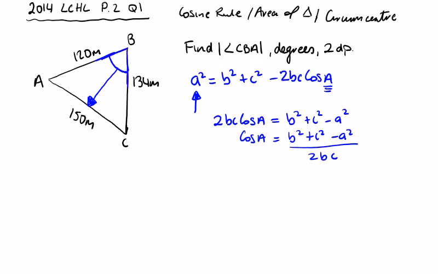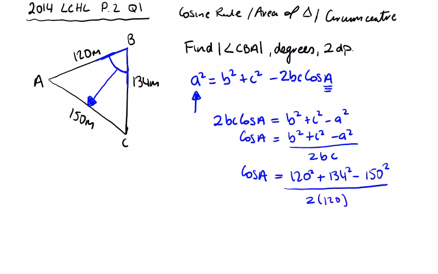So I have my cos A is equal to 120 squared plus 134 squared minus 150 squared over twice 120 by 134. Now we can just type this into our calculator and then we can get the inverse to get the angle.